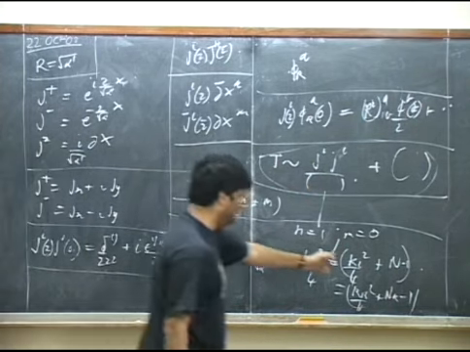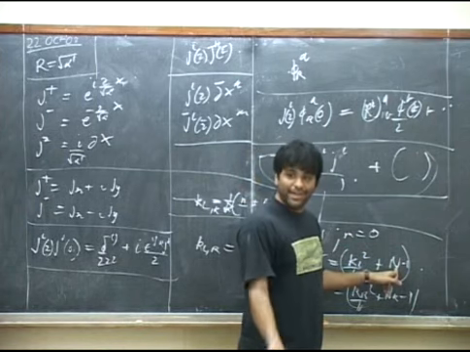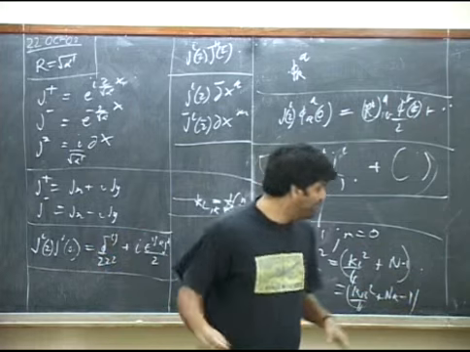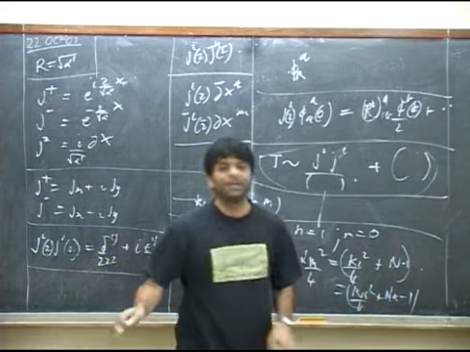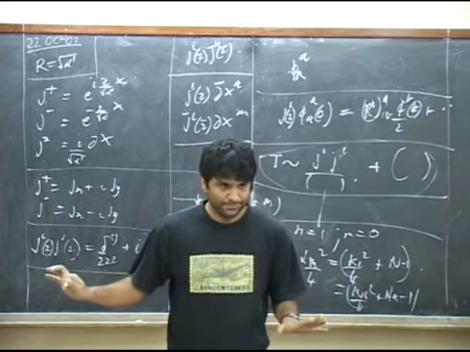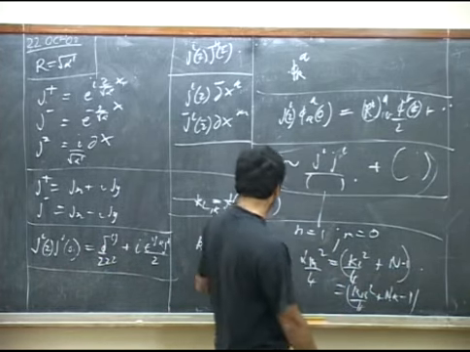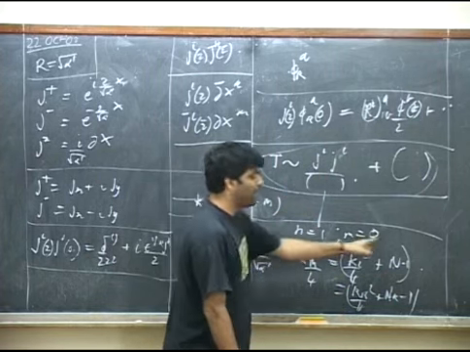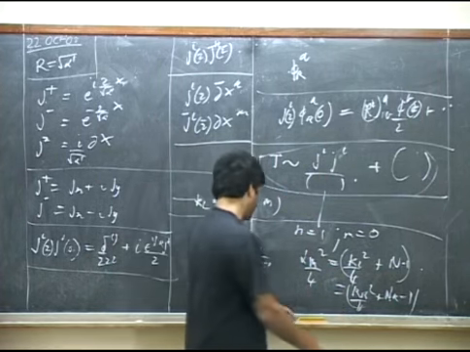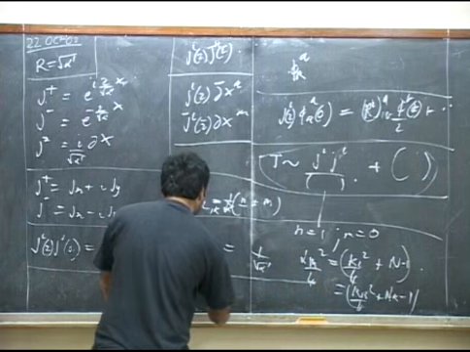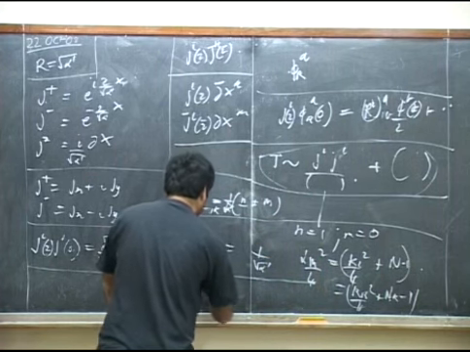But if k is something non-zero, then n equals 1 or any higher will give you a massive state. So when we're interested in the tachyons, we have to have both n_L and n_R equal to 0. Therefore, for instance, one operator has n equals 1, n_R equals 0. Now what does that give us? That gives us k_L equal to 1.